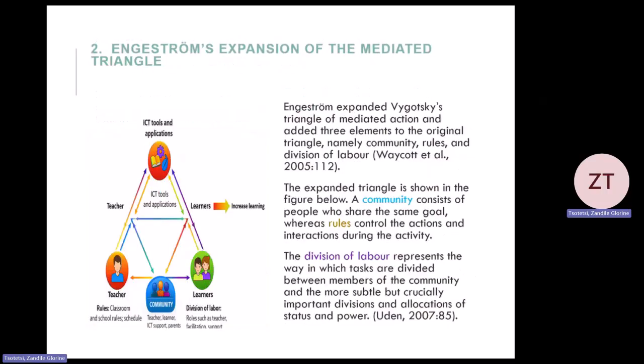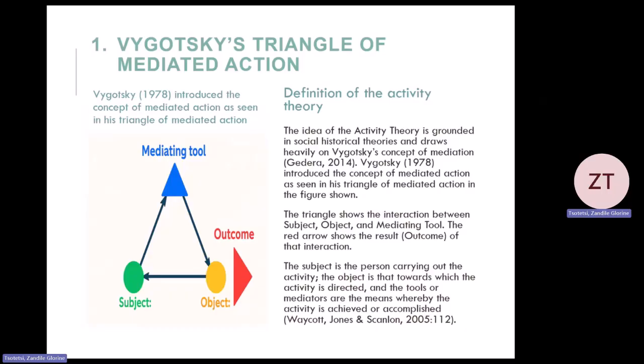And then we have Engestrom, who expanded on the mediated triangle. He expanded the triangle of mediated action and added three elements to the original triangle. Remember, on this one we had the subject, the object, and the mediating tool producing the outcome.